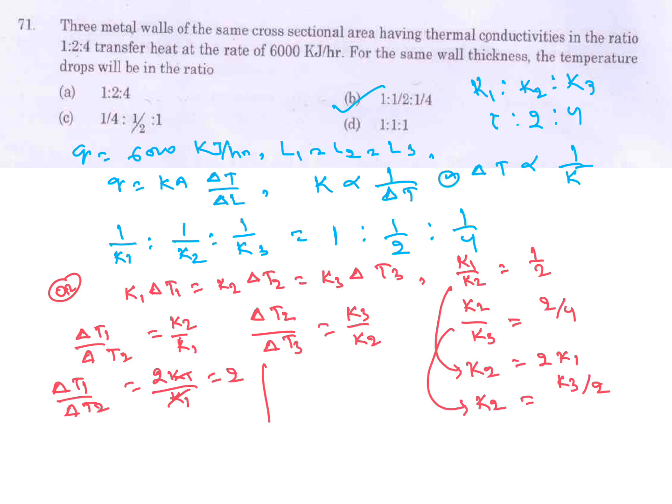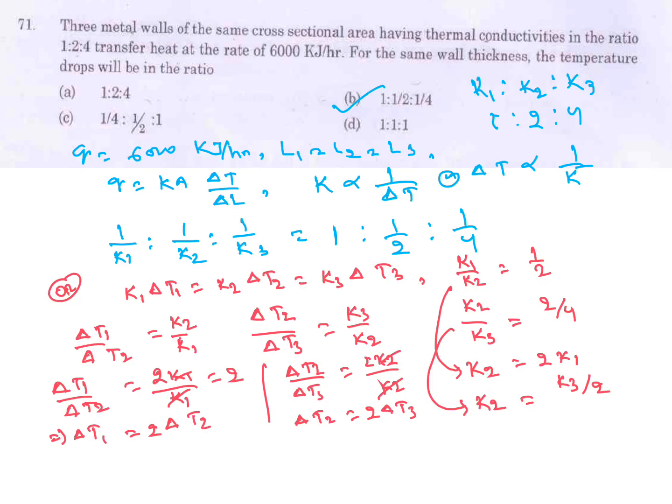Here delta T2 by delta T3 is 2K2 by K2, K2 cancel. Delta T2 is 2 delta T3. So here delta T1 is 2 delta T2.